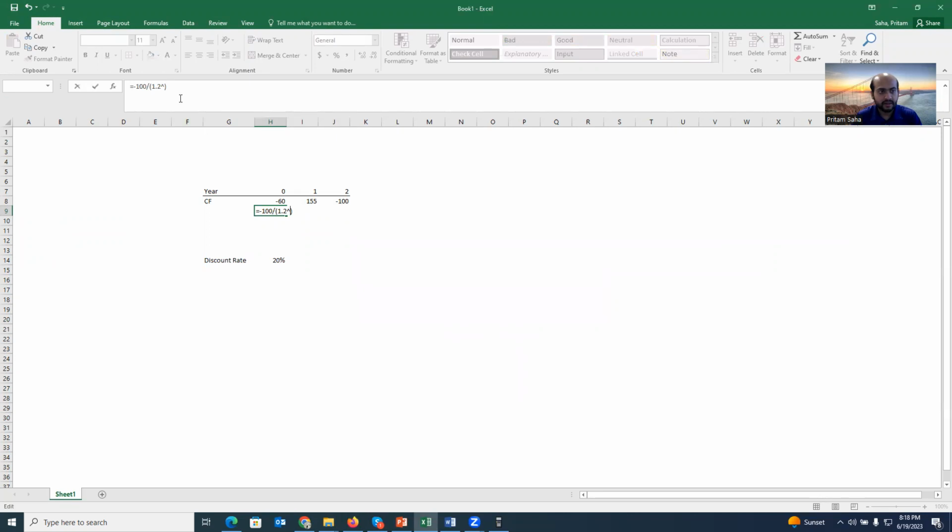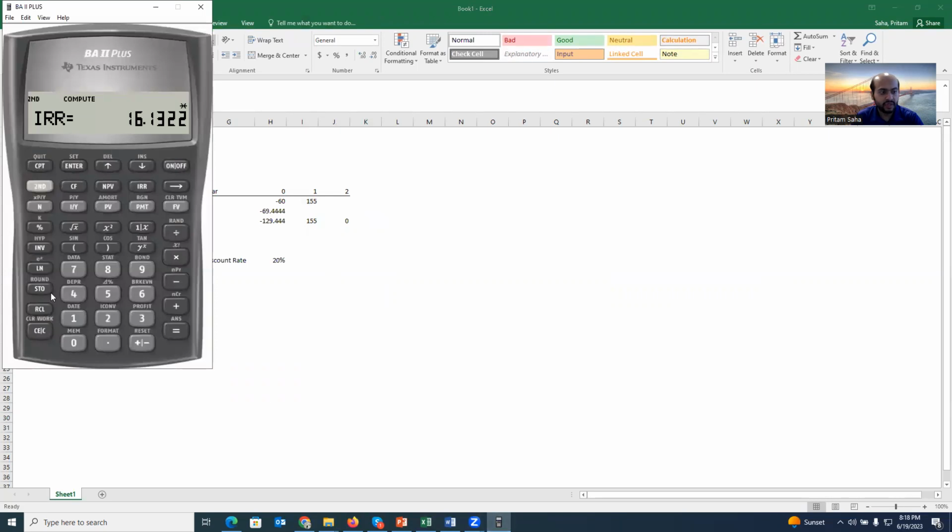When you convert these future cash flows, they no longer exist in the later year, but make sure to keep the negative sign; we're just converting it. Then sum these cash flows, and the cash flow here becomes 0. Makes sense? This is the discounting approach.